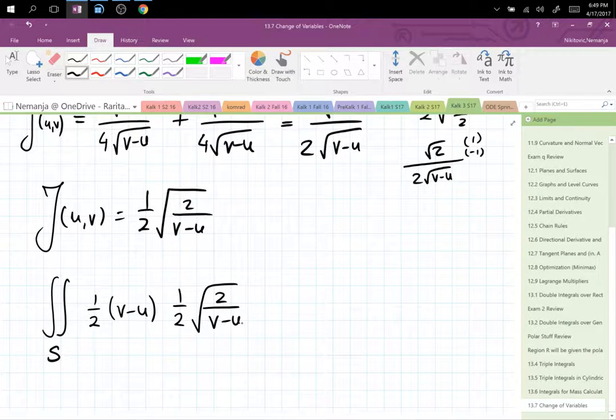And now, ladies and gentlemen, I'll just put dA because I have no clue whether I should go du dv or dv du, which actually never matters when you are on a rectangle, for the limits, but it does matter in terms of functions. What can you integrate, right?